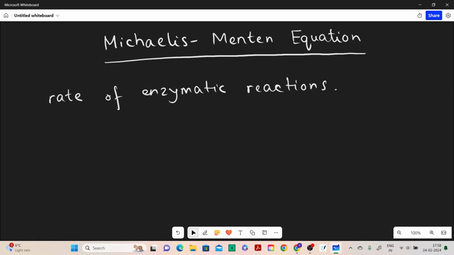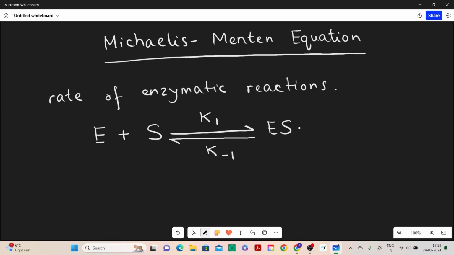Okay, so how does an enzyme react? Suppose we have an enzyme, it binds to the substrate and forms the enzyme-substrate complex with a rate constant of K1, and this complex can also dissociate and form the substrate and enzyme back with a rate constant of K minus 1.